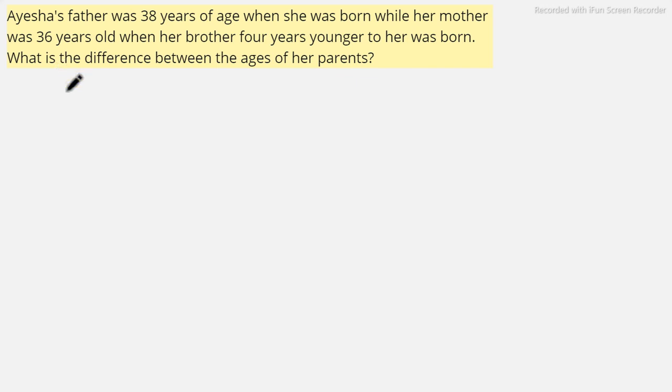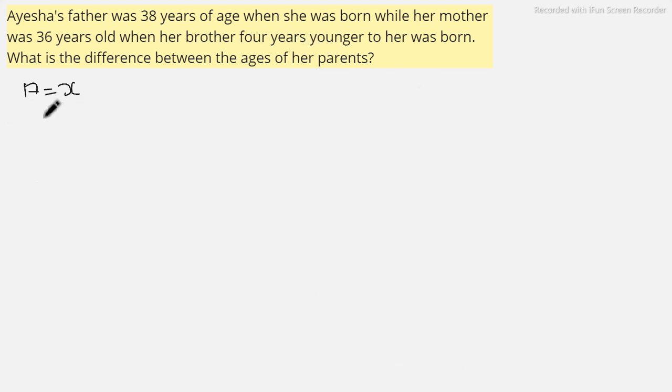So this is just a statement we need to understand. Let's say the age of Aisa is X, and her brother, 4 years younger to her, was born.